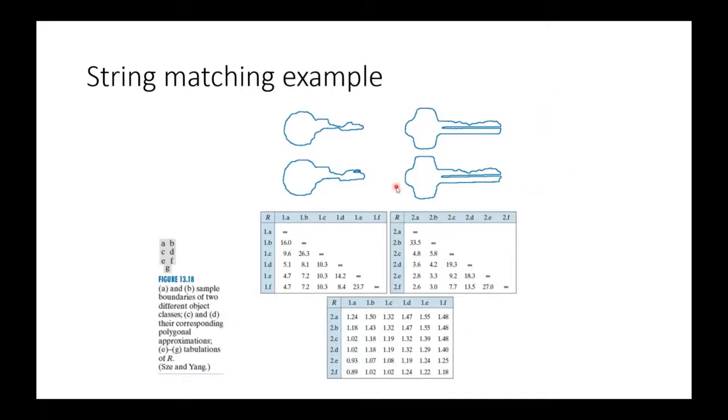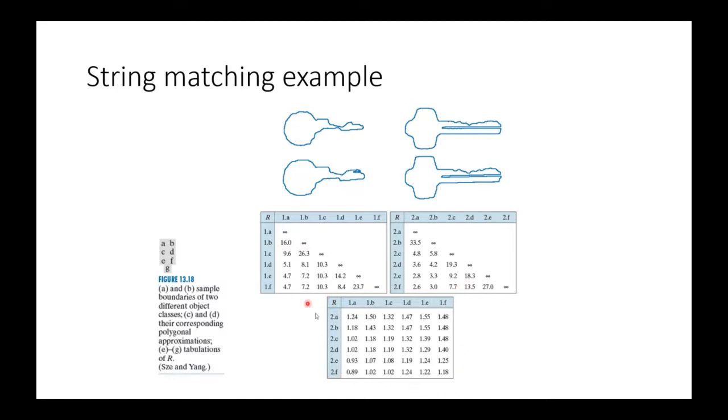This can also be done with real images. So we find this is a segmented image of a key, the top here, and this is the polygonal representation of this. And this is the polygonal representation of that.